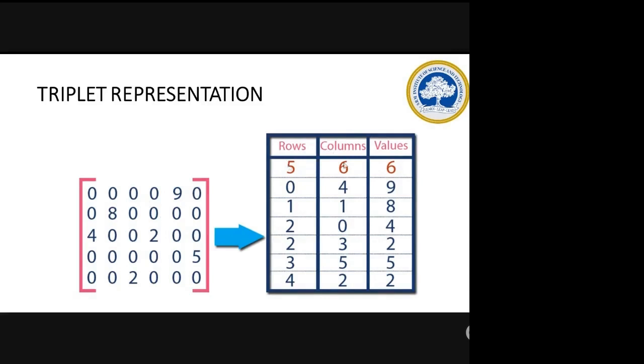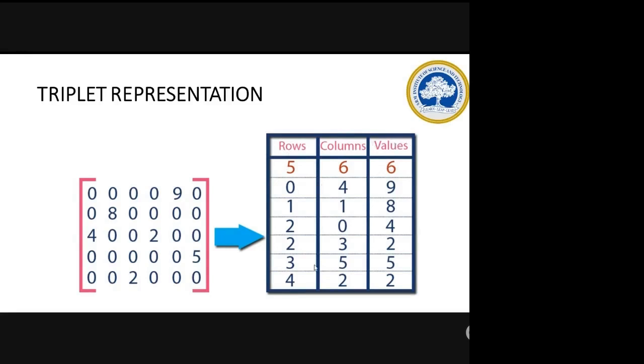The first row in this array will represent the total number of rows, the number of columns, and how many non-zero values there are. Counting 1, 2, 3, 4, 5, 6, there are 6 non-zero values here. So the first row contains the number of rows, the number of columns, and the number of non-zero values.